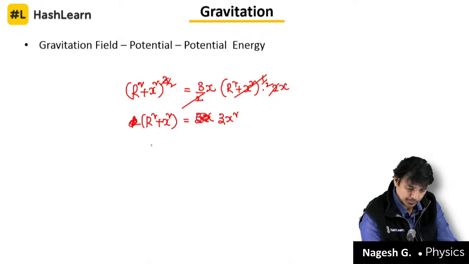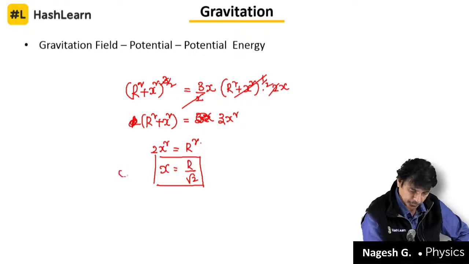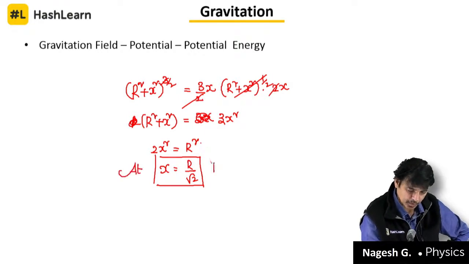So 3x square minus x square, 2x square is equal to r square. x will be equal to r by root 2. For x equal to r by root 2, the intensity of the gravitational field will be maximum. At x equal to r by root 2, I will be maximum.